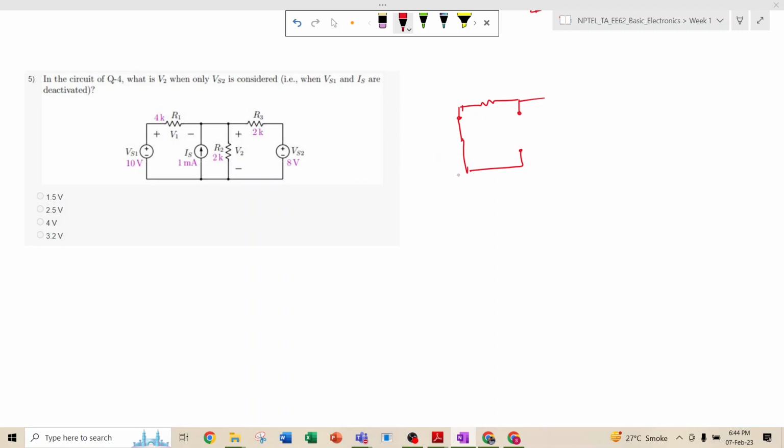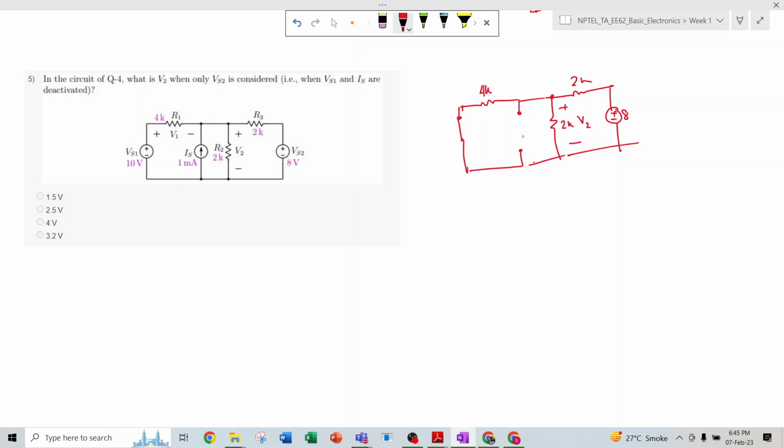Here it has 4K, here it is open circuit, here it will be 2K, here is 2K, and here it is 8 volt. So similarly we have to find the value of V2.